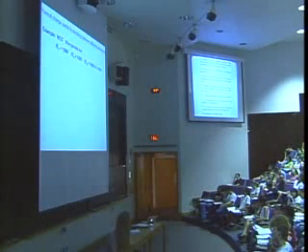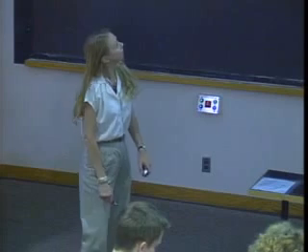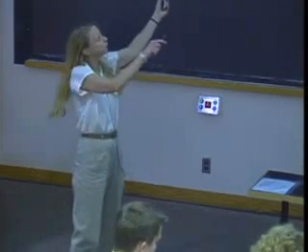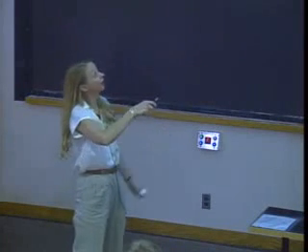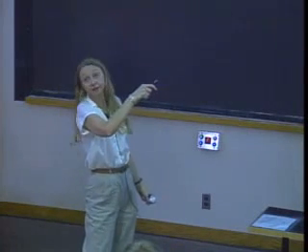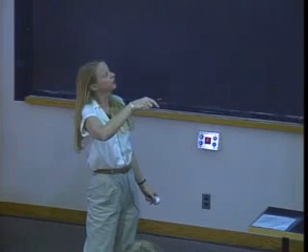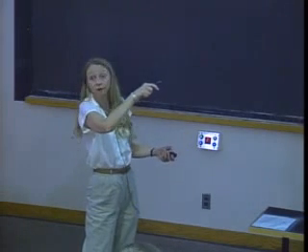Well, you could start by putting the element with the lowest ionization energy in the center. And that would be a good place to start. You should do that. But what we're going to do is we're going to look at all 3 possibilities here. We're going to look at a Lewis structure where the carbon's in the middle, where the sulfur is in the middle, and now where the nitrogen's in the middle.